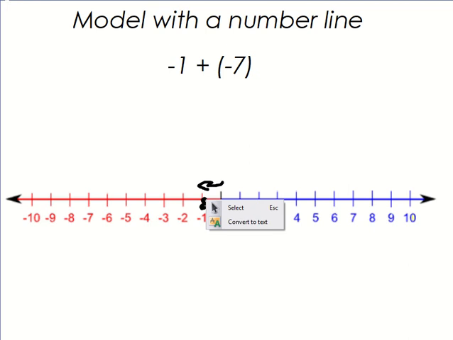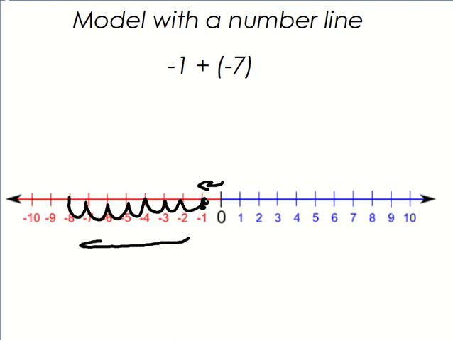And then I would move 7 also to the left because it's negative. So 1, 2, 3, 4, 5, 6, 7. And I also move to the left. So you'll notice, even on a number line, they're the same direction instead of the same symbol, and we get -8. Same direction when it comes to number lines, and when we use counters, it's the same symbols.